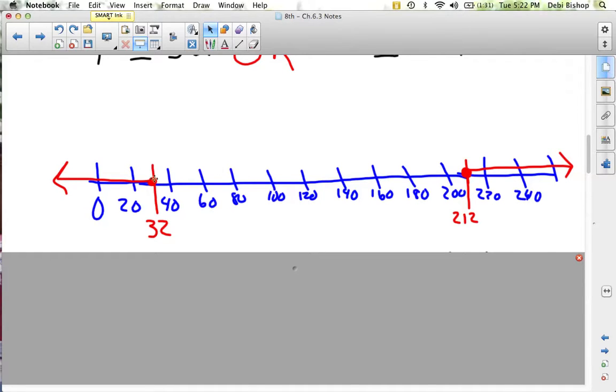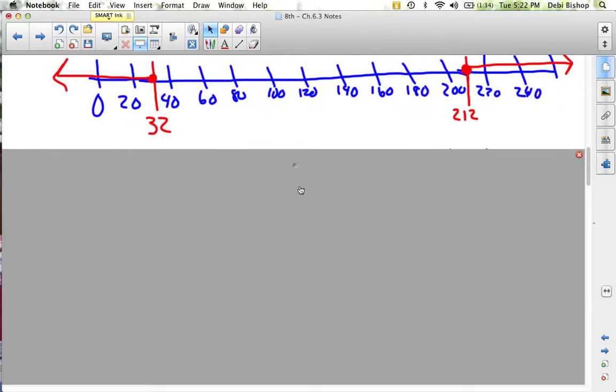Then you can see these are all the temperatures in between where it is a liquid. And then the other part where it's not a liquid is if it's at 212 degrees or greater. That's why you have your solid circles, because it's greater than or equal to. So this gives you a visual of the compound inequality that we were talking about. So the or is your space in between.